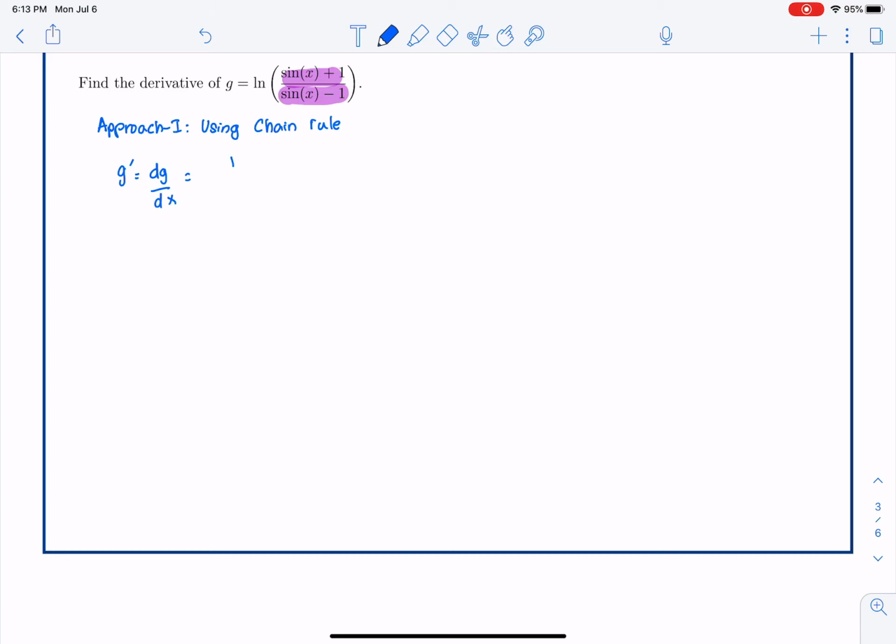If that is the case, we would simply have 1 over sine x plus 1 over sine x minus 1 multiplied by the derivative of sine x plus 1 divided by sine x minus 1.